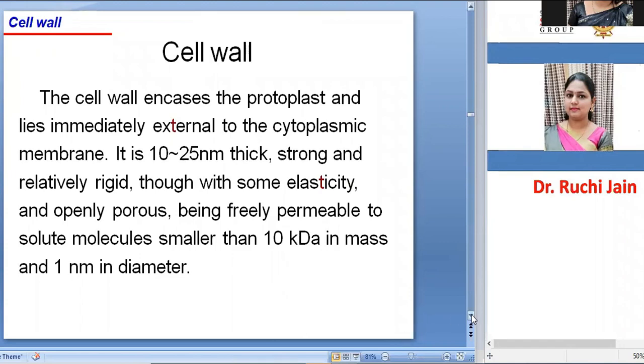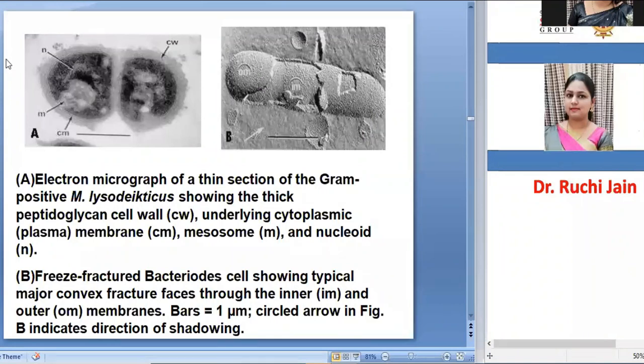If you see inside the electron microscope, this is the cell wall. This is the cytoplasmic membrane, which we have discussed previously, and above the cell membrane, the cell wall is present.